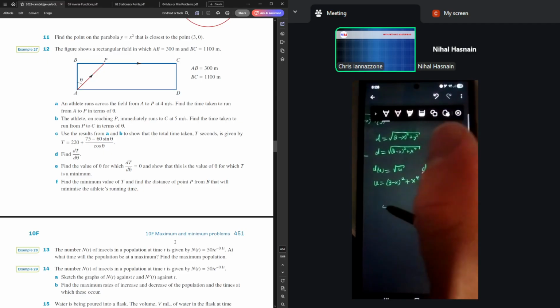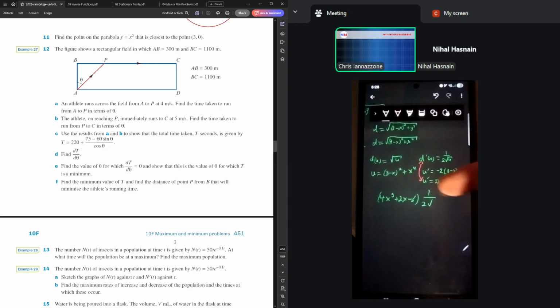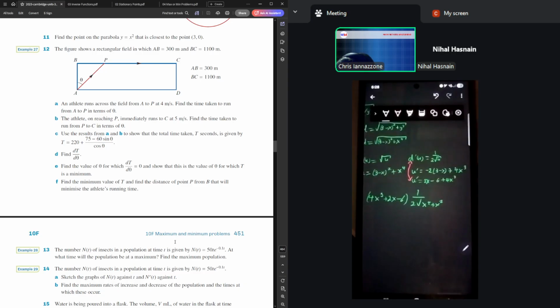Maybe let's write this in order this time. 4x cubed plus 2x minus 6 is the first bit, multiplied by 1 over 2 root u, where u is, oh god, okay. Maybe we'll expand that out. We'll have the x to the 4, an x squared, minus 6x, and a plus 9.